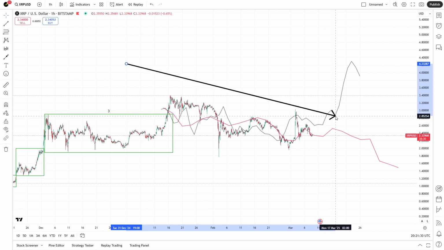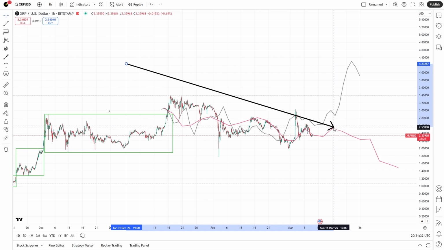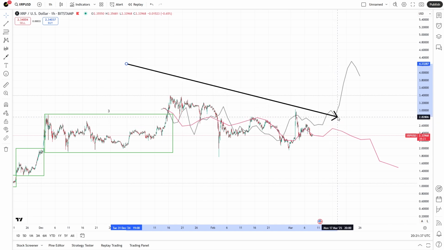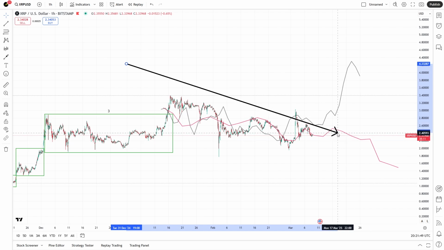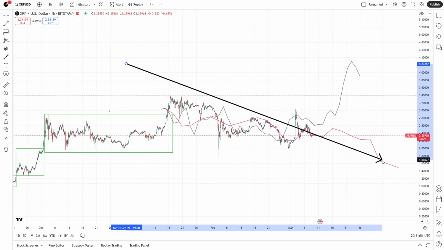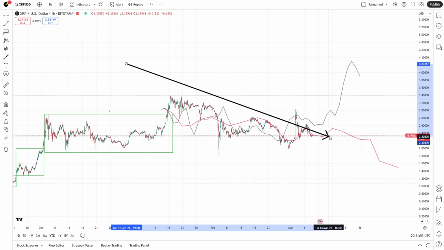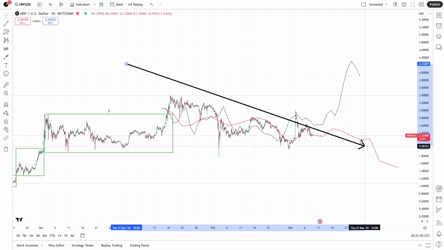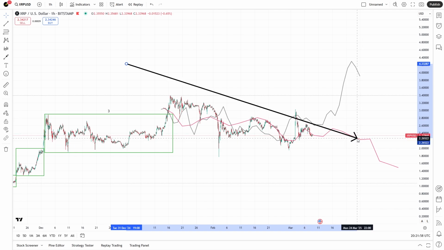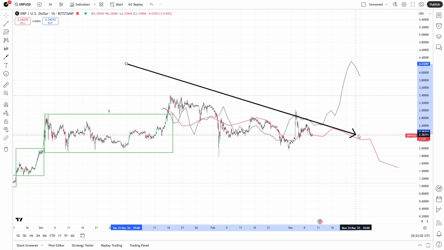It would then pull back on both of these. We still wouldn't know what is playing out. However, after this, if it continues to move down like this, we would start saying, this is that third wave of the XRP peak structure playing out, and this is where I will bail.